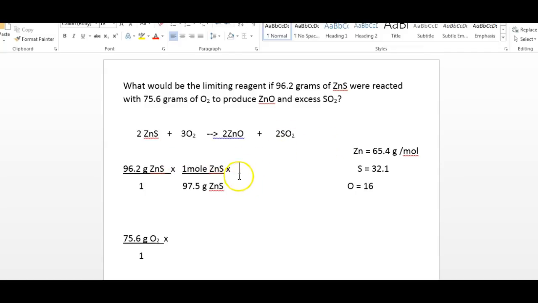We'll do that by looking up here. The zinc sulfide is going to be on the bottom, and zinc oxide on the top. So here we're just going to put zinc sulfide, and we look, there are 2 of those.